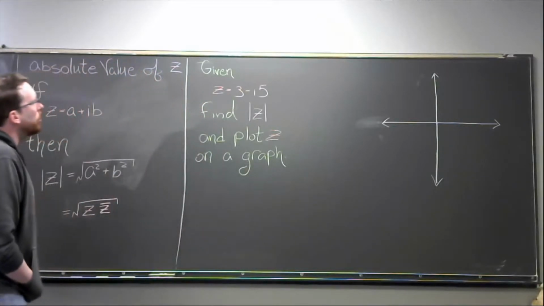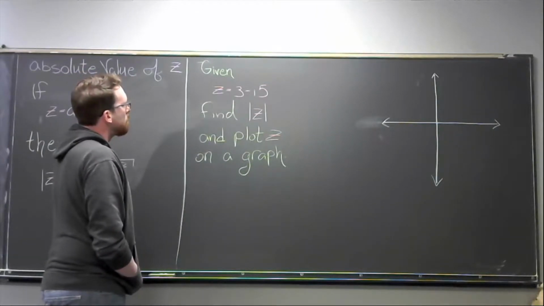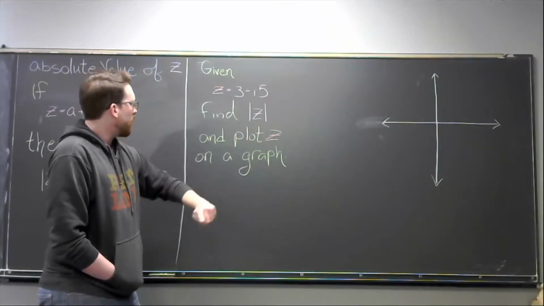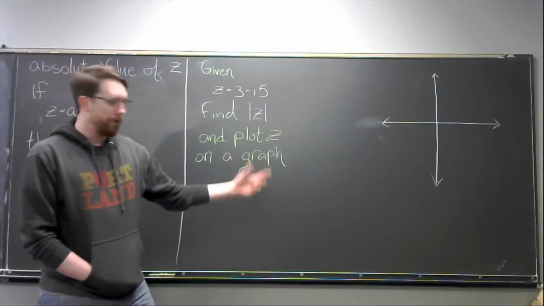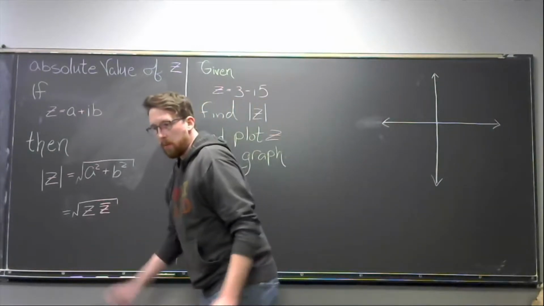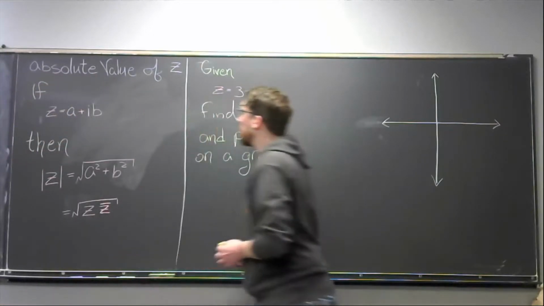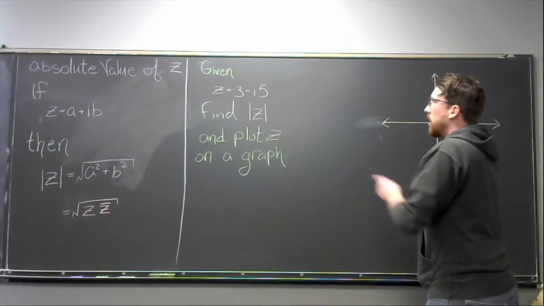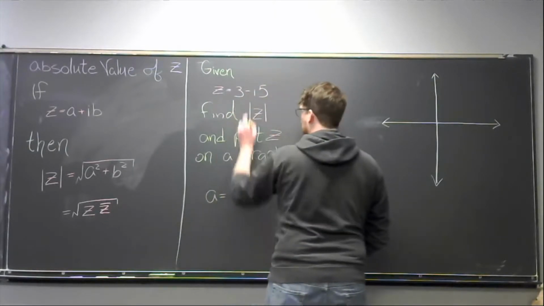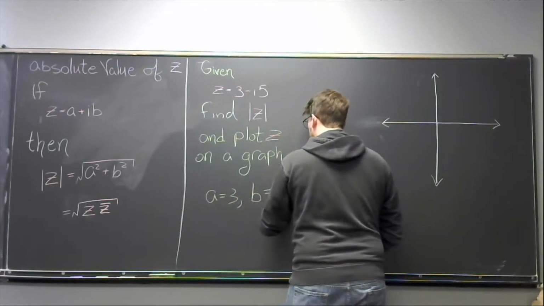We've got this example here of a complex number 3 minus imaginary 5. The first thing we want to do is find the absolute value of z, and then after that, we just want to plot z. Using this definition, a is equal to 3 and b is equal to -5.